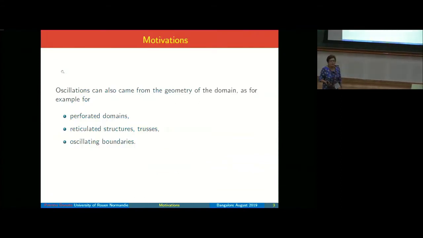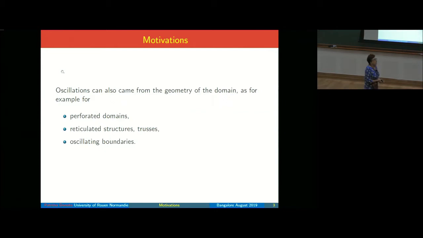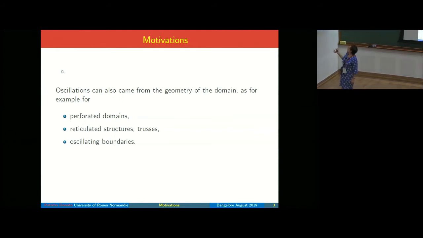So we have oscillation in the coefficient in the model case, but we have also oscillation which can come from the domains. As you can see, for instance, here you have a lot of small holes, which are periodic. Actually, this looks like probably a double periodic structure.